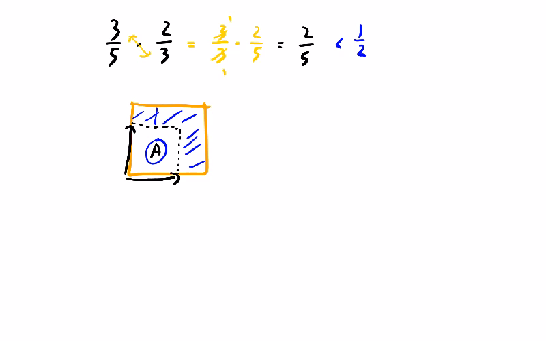Let's consider one final problem. This one will involve mixed numbers. Let's take 2 and 2/3 times 4 and 1/3. Now this one illustrates why we do not want to use mixed numbers when we're doing multiplication.